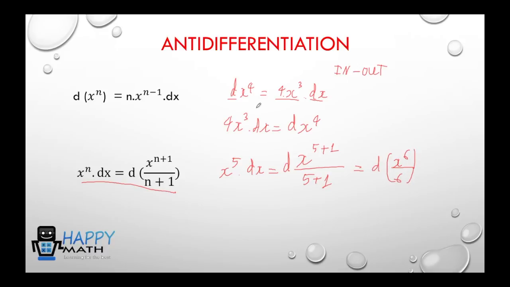Okay, so the most important point here is that the number of this term has to be the same as the number of this one, and it is the key of the in-out derivative. Let me take some examples. When I want to calculate 2x power 3 times dx.